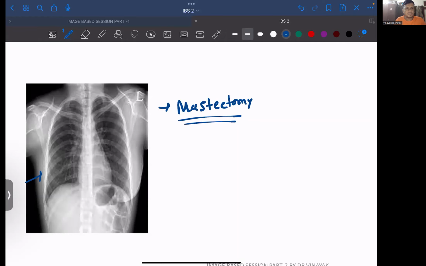Post breast cancer surgery, right? Or the patient has an absent breast from childhood age. Which syndrome will you see absent breast? Anyone?